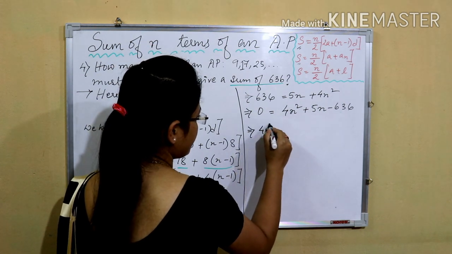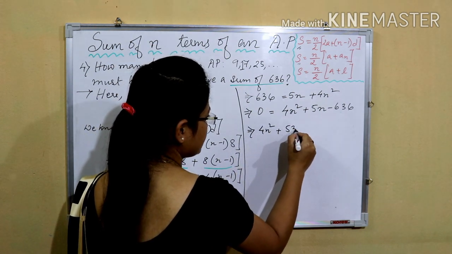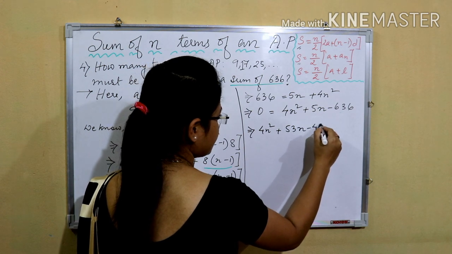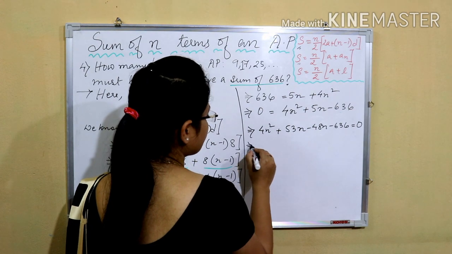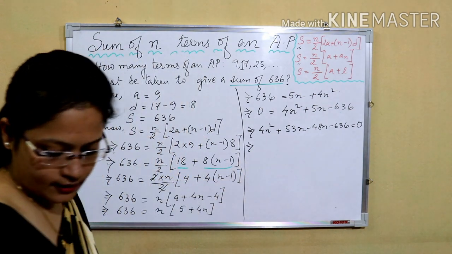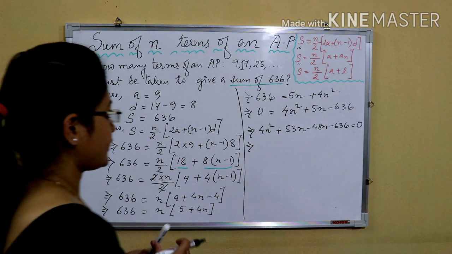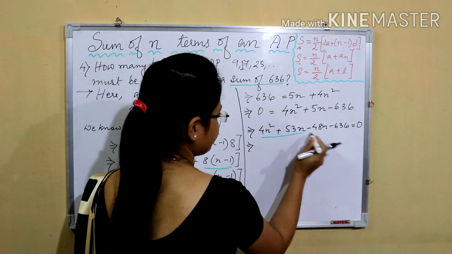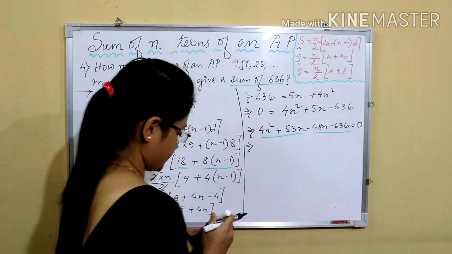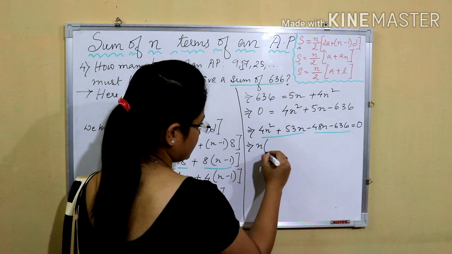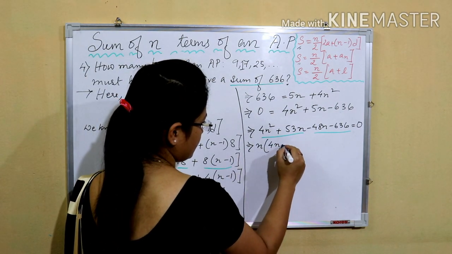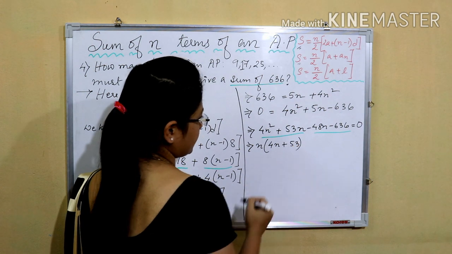So 4n squared plus 53n minus 48n minus 636 is equal to 0. So from these two terms, 4n squared and 53n, and from these two terms. So 4n squared plus 53n, we will take n common, and 4n plus 53 will be inside the bracket.